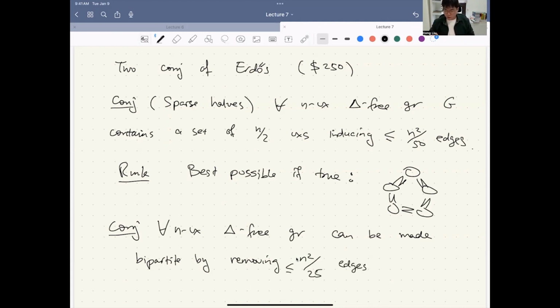Again, you cannot put anything smaller here because this graph requires n squared over 25 edges. You have to break everything here to make it bipartite. Question?